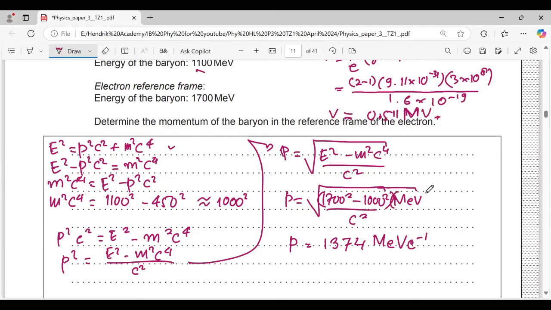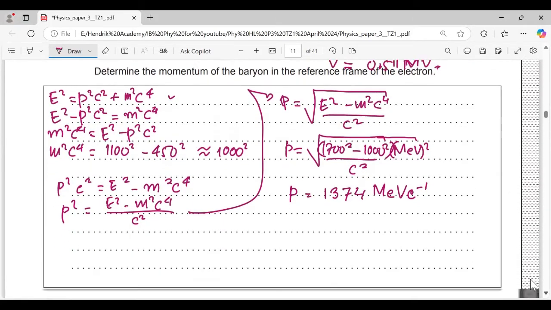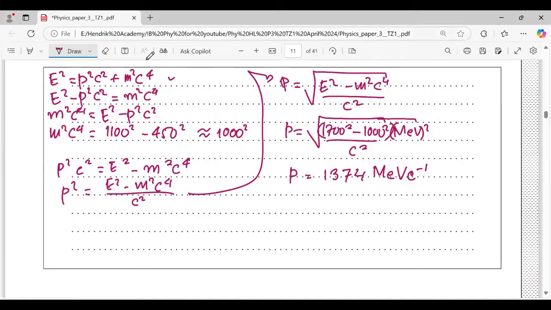This is squared, because this is squared also. What else? Part B done.